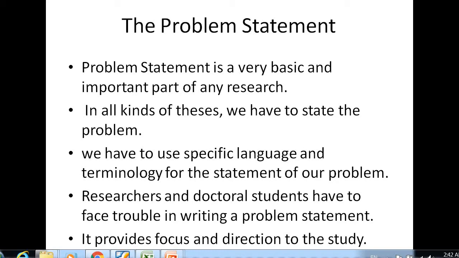So, in any kind of research, we have to identify the problem, and the words or the statement that is going to represent this problem is known as the problem statement. And we have to use specific language and terminology for the statement of our problem.